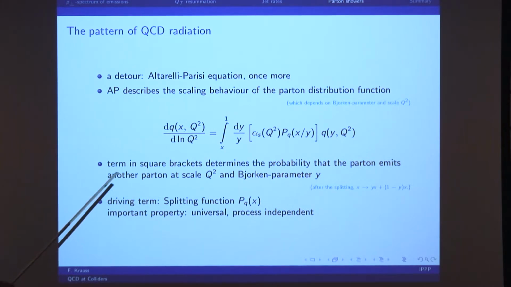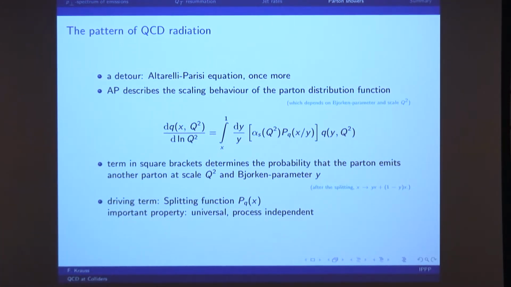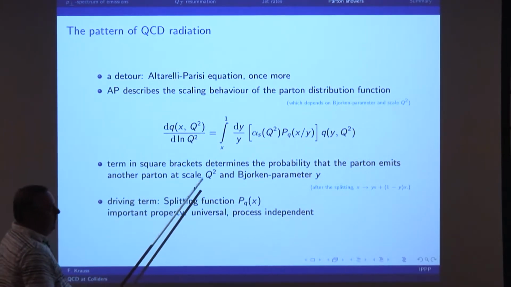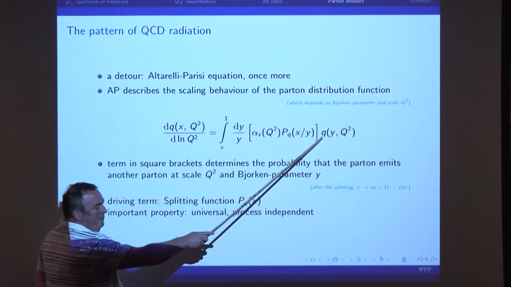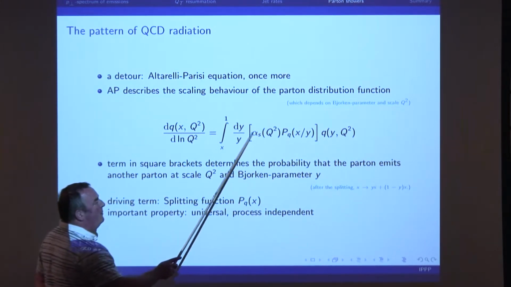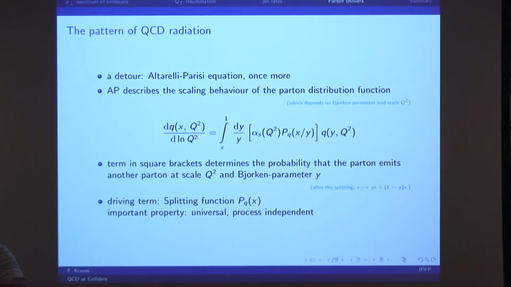You remember that the Altarelli-Parisi equation describes the scaling behavior of the parton distribution function. What it basically does is it says the change in a parton distribution function at a scale is driven, I do it in a very simplified way, by the parton distribution function you have before times something that lets the parton split. So it's the same thing.